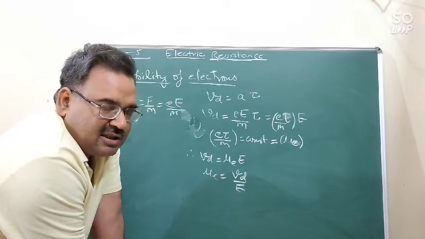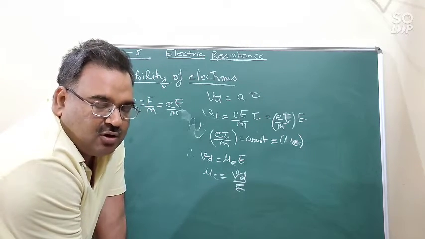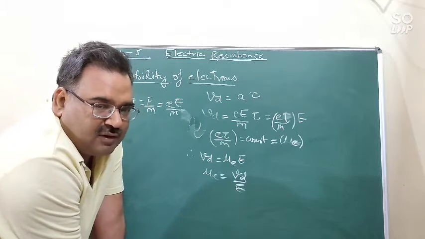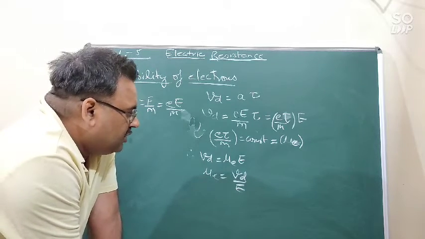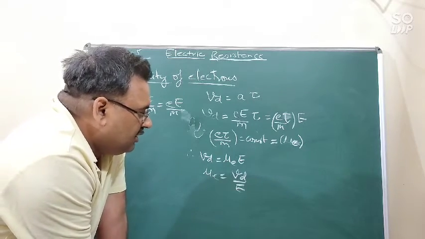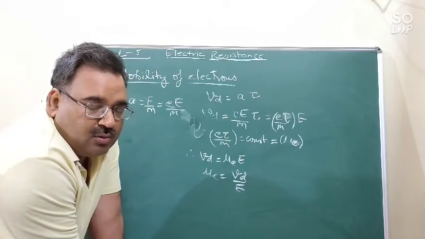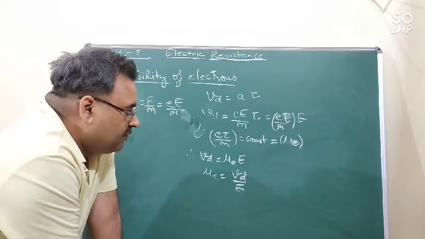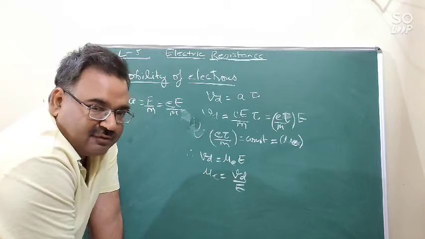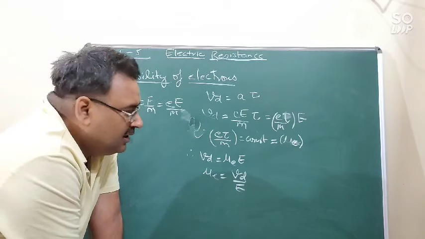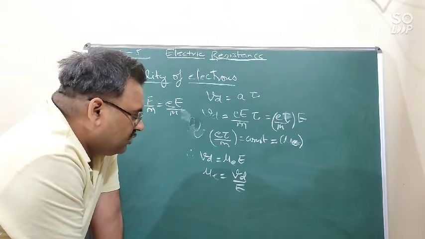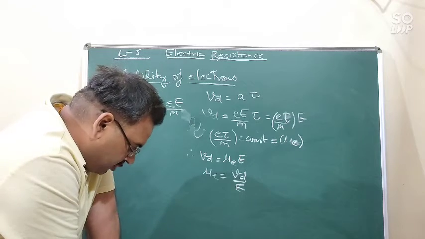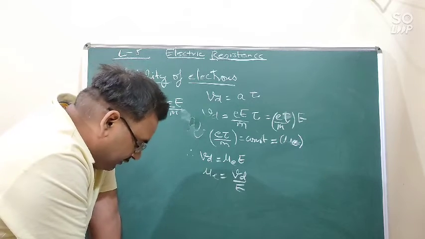So we get a relationship between the drift velocity and mobility of electron. Drift velocity is equal to mobility of electrons into electric field, or mobility of electron is equal to drift velocity upon electric field. Is it clear? So mobility of electron is equal to drift velocity upon electric field.